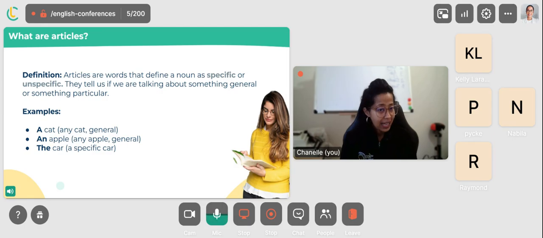So I'm talking about any apple or a general apple. What is the difference between a or an? We use an before words that begin with a vowel. I'm sure we will explain that a little more later. And then when we talk about the car, we talk about something being a specific car.